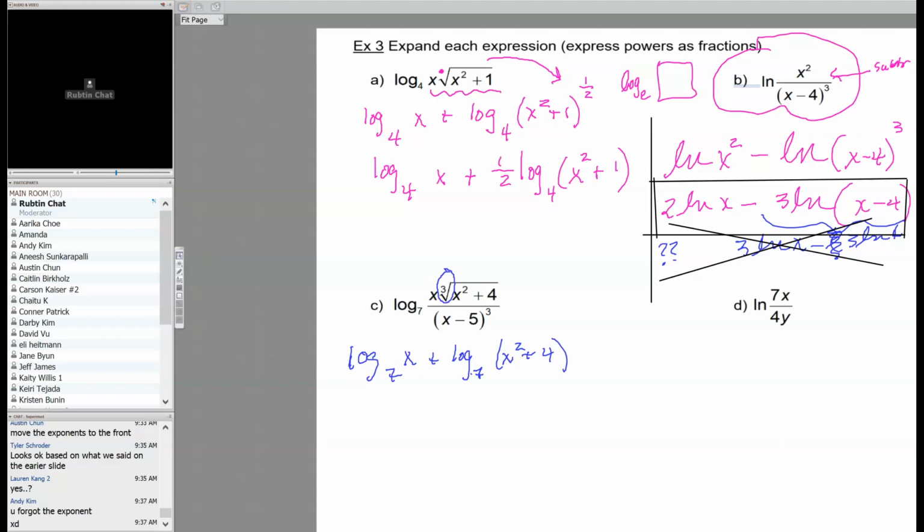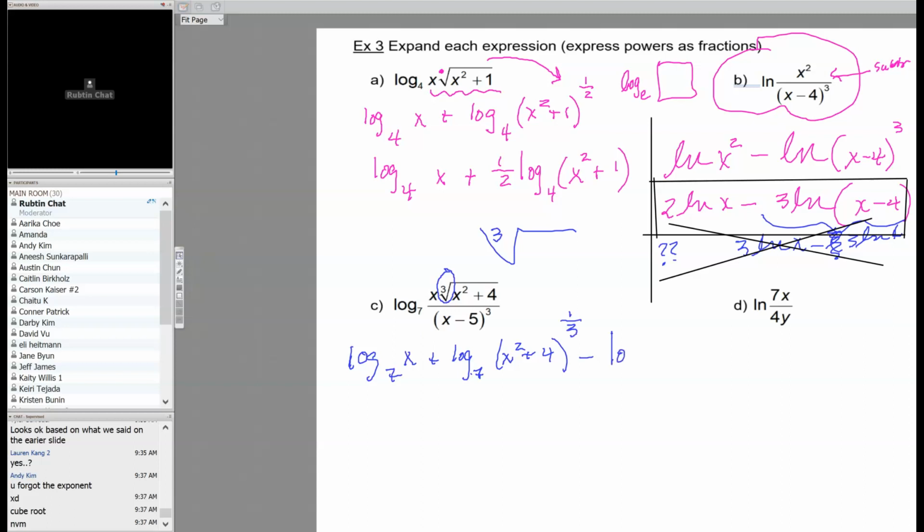It looks like a cube, and it's unfortunate. That's supposed to be a cube root. So glad you said that. Every year we're like, what is that? Because it kind of looks like that. But this is log base 7 of blah to the 1/3 minus, notice I keep putting that base 7 in there. That's important. And then this is x minus 5 to the 3rd.